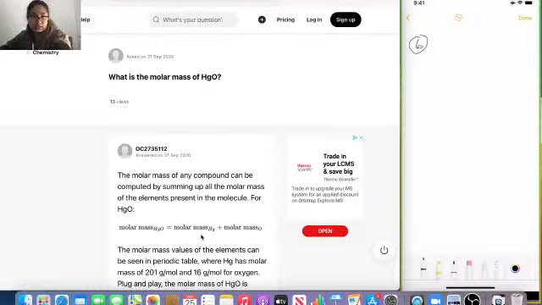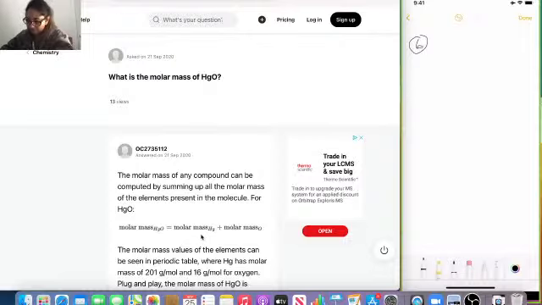Okay, so what is the molar mass of mercury oxide? Okay, so this is mercury 2 oxide.